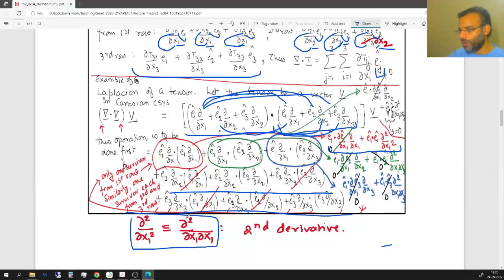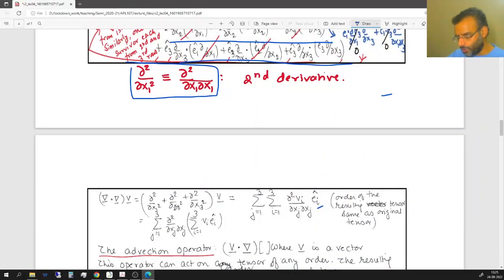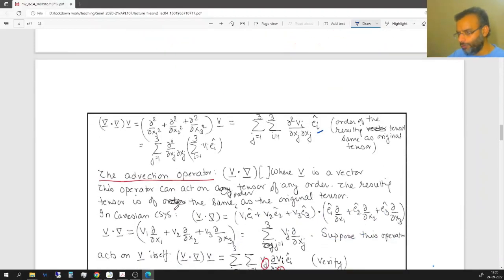So the first row has the survivor second derivative with x1. So I would go ahead and conclude that the survivor from the second row will be second derivative with respect to x2, and the third row will have the survivor second derivative with x3. So that is the net effect of del dot del in the Cartesian coordinate system.